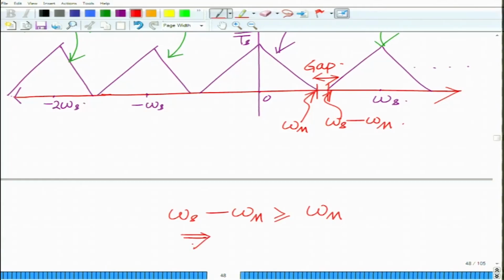As a result, they will not interfere with each other, and that will happen when there is a gap. For there to be this gap or guard band between the original spectrum and its various shifted copies, this condition has to be satisfied, that is omega s minus omega m has to be greater than or equal to omega m, which implies omega s is greater than or equal to 2 omega m.